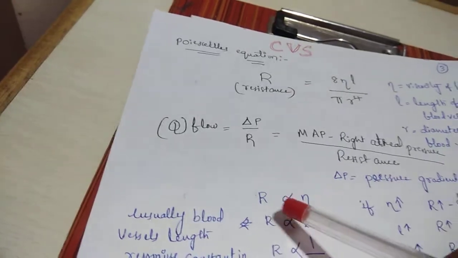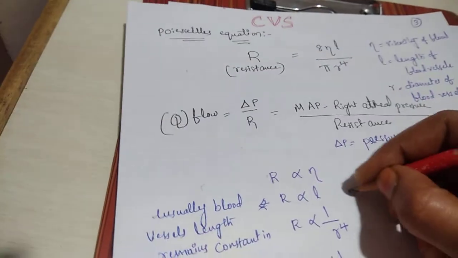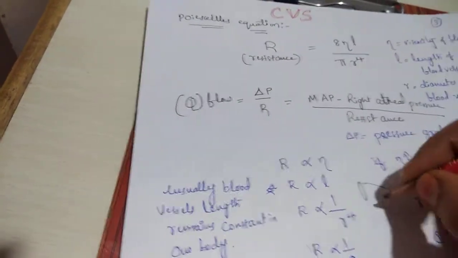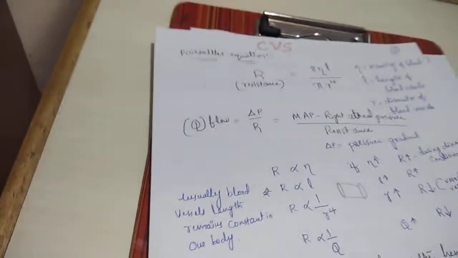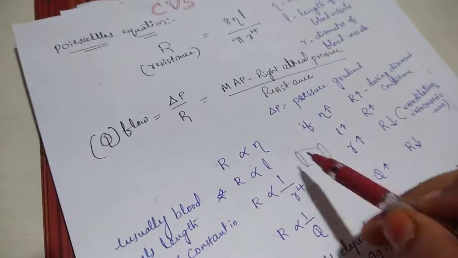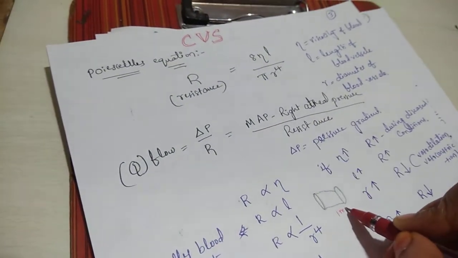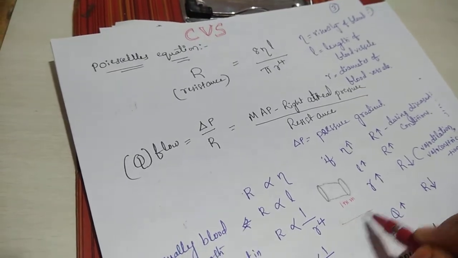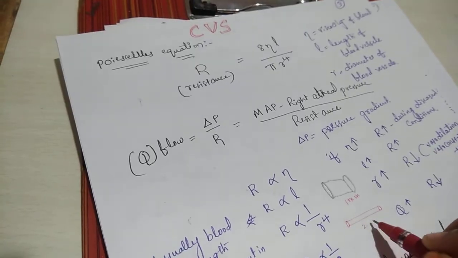And length, if the length is increased, for example, this is one blood vessel. Its length is 1 millimeter, and if we are narrowing the blood vessel and increasing its length to 2 mm, then what will happen?